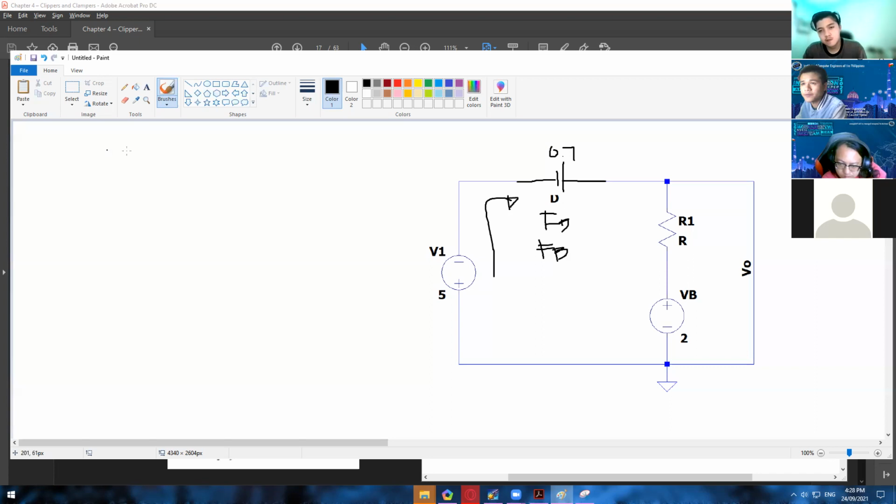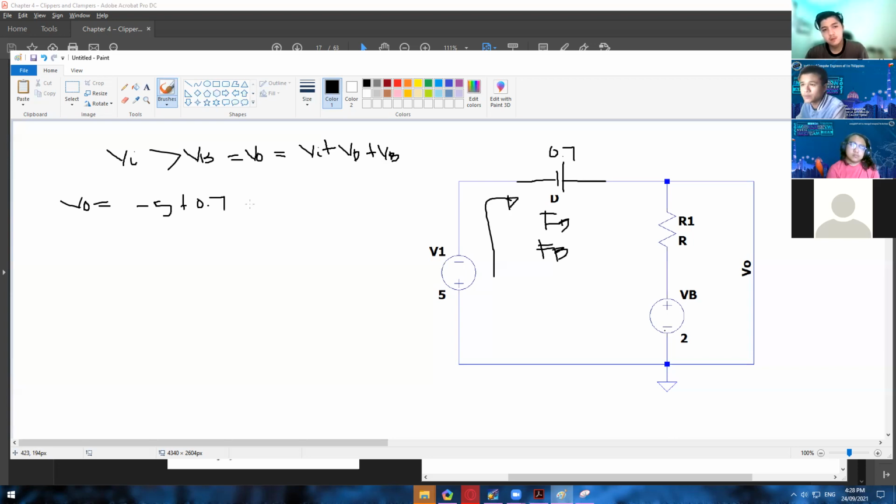So where VO is equal to, so actually lahat ko consider nyo, it's equal to VI plus VB plus VB. Okay, so as a result, VO is equal to, so you just simply have to follow the sign itself. So this one is -5 and this one is positive 0.7 and this one is -2.